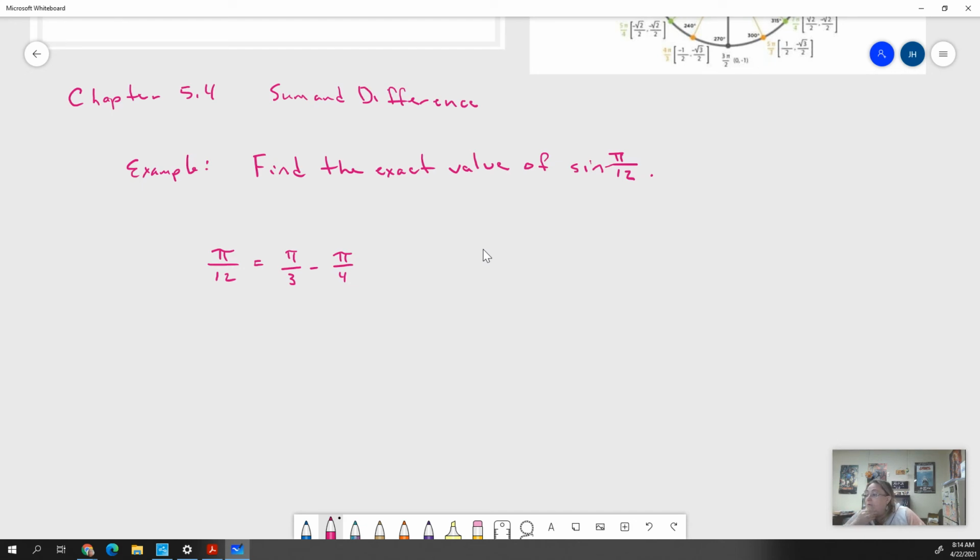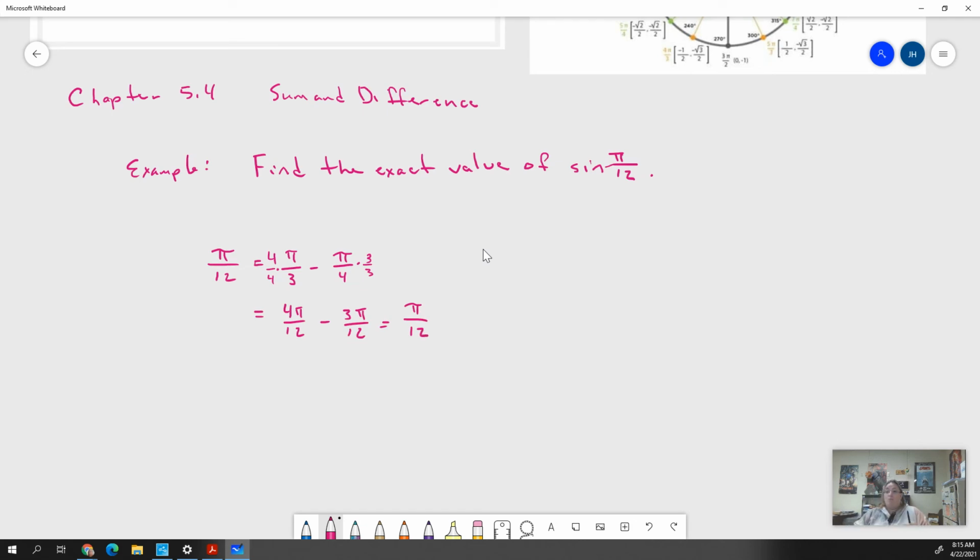I want it to be my bigger over my smaller. So even if we don't know the minus yet, we could go, well, 3 times 4 equals 12. So what do I have to do to get a common denominator here? I would have to multiply this times 4 over 4, and this times 3 over 3, right? This would give me 4 pi over 12 minus 3 pi over 12, and I would get what I was looking for with pi over 12.